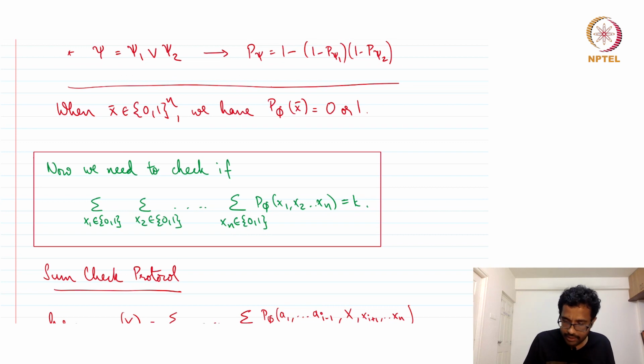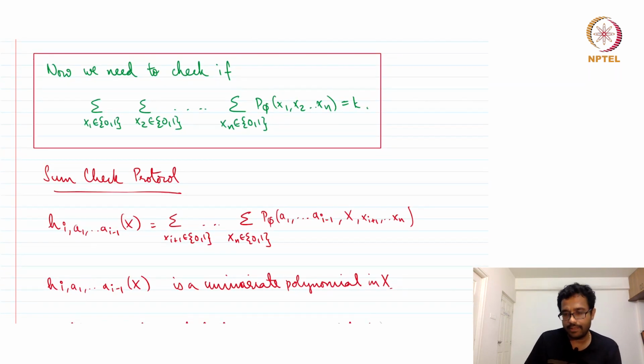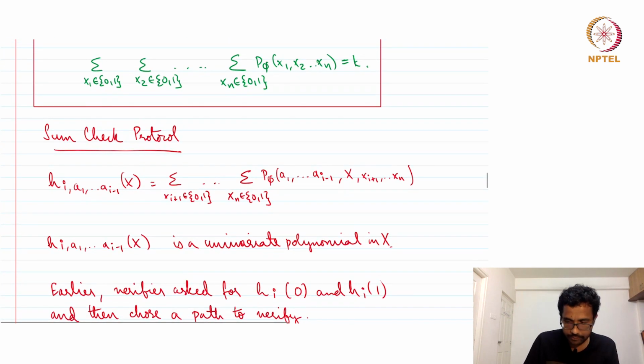So we just want to see whether the sum of this is equal to k. So instead of deciding whether the Boolean formula has k satisfying assignments, we want to take the sum of the polynomial at these 2 power n assignments. And this protocol is called the sum check protocol. Moving to polynomials gives us some additional advantages, as we will see in this protocol.